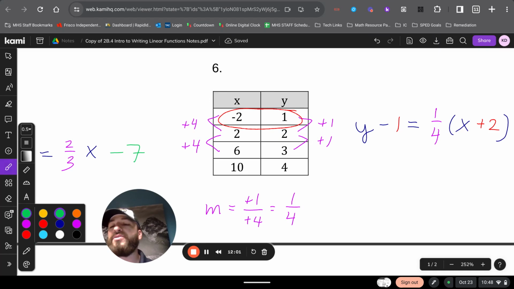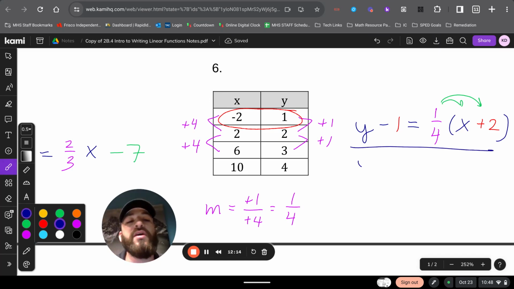And all I need to do is distribute out that 1/4 and then shift over that -1. So the first thing I'm going to do is multiply both of these terms inside by that 1/4. That's going to give me a new equation of y minus 1 is equal to 1/4 x, and then 1/4 times 2, a fourth of 2, that would be 2/4 or 1/2.